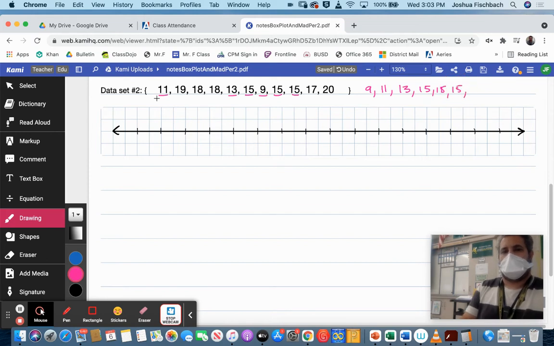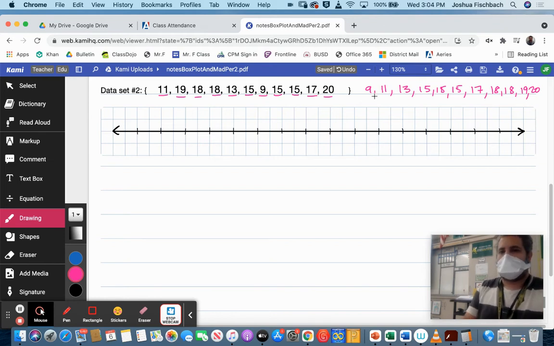And then the next value is 17. Then you've got 18, it happens twice. So 18 and 18. And then it looks like you have 19, it happens once. And finally you have 20. So there we go. 1, 2, 3, 4, 5, 6, 7, 8, 9, 10, 11. 11 pieces of data. We didn't miss anything.